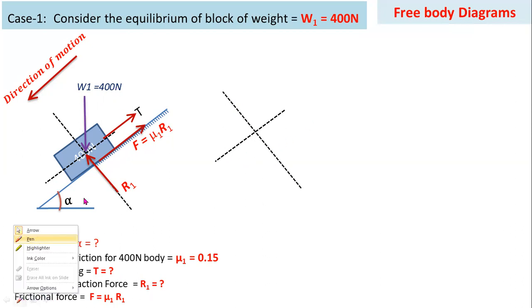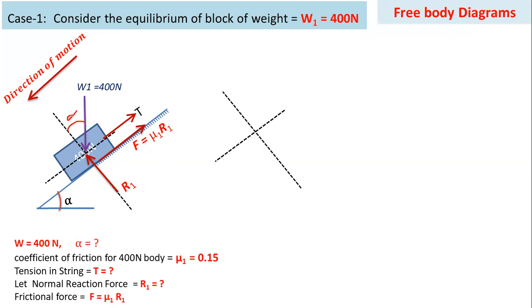From this figure you can observe this self weight 400 newtons makes an angle alpha with respect to the normal reference line. So first of all you have to convert this 400 newtons into two components, along the normal plane and along the parallel plane.